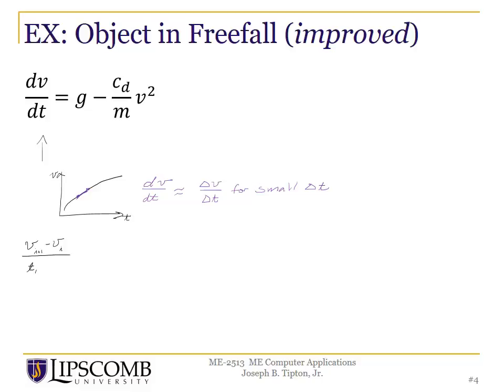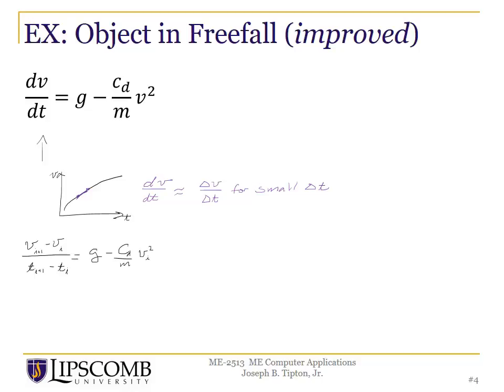So I'll do t(i+1) minus t subscript i equals, now my right-hand side, g minus coefficient of drag over mass times the velocity. And I'll pick the first point, vi, index i. Okay? And again, those represent my points. There would be t(i+1), v(i+1), my coordinates for each of those two data points.